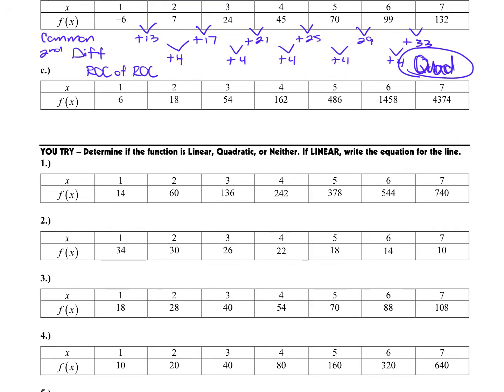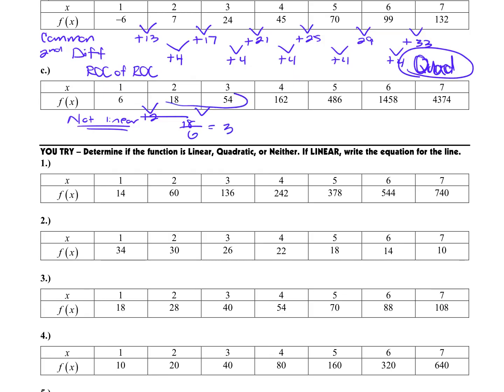On our last one that we're going to do in the video, again, we're going to look for those common differences. I can see that I'm going up by 12, then I'm definitely going up by more than 12, and that's clearly not working, so it automatically is not linear. In fact, this one should jump out to us because if we find the ratio of 18 to 6, that ratio is 3.